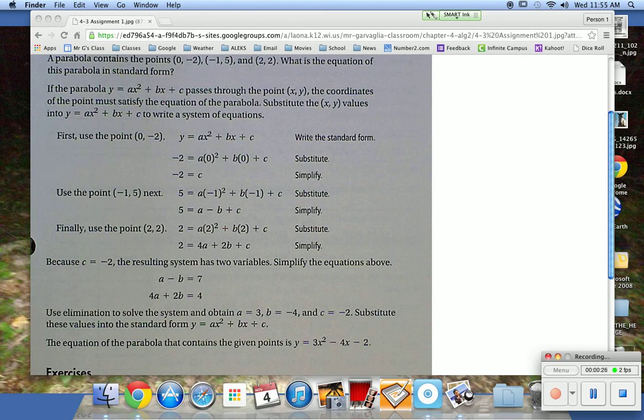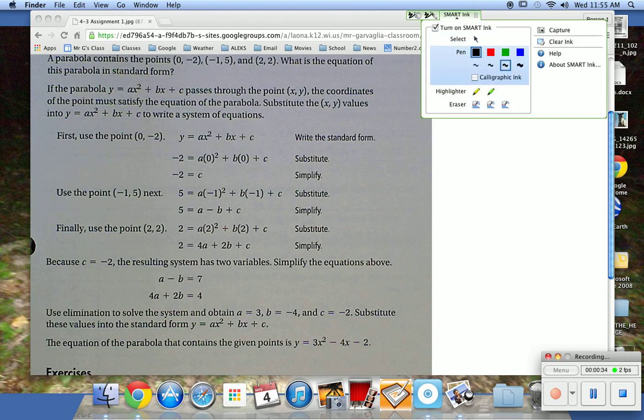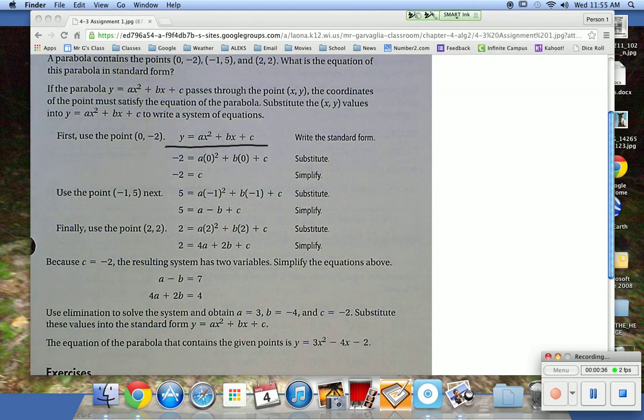And what they're going to do is put these points into the standard form. So we've got our standard form here, okay? And they're going to do the 3 points. They're going to put them into the standard form.